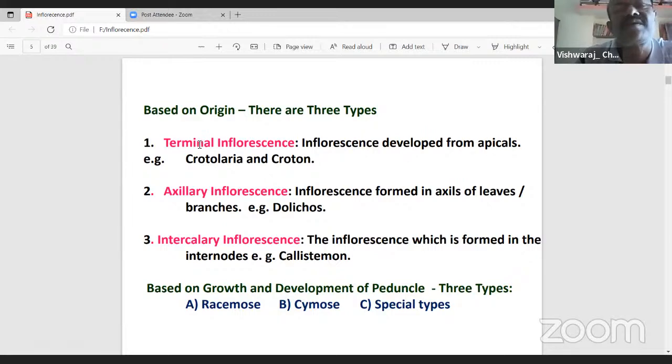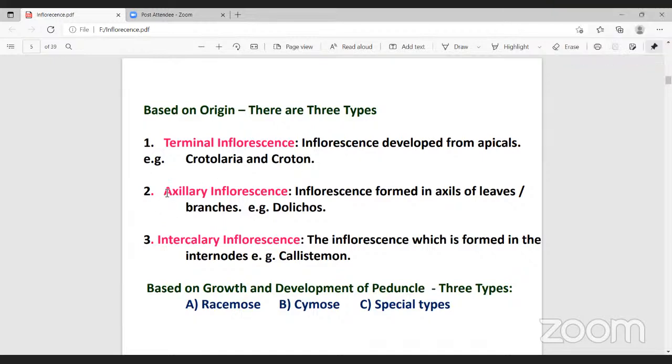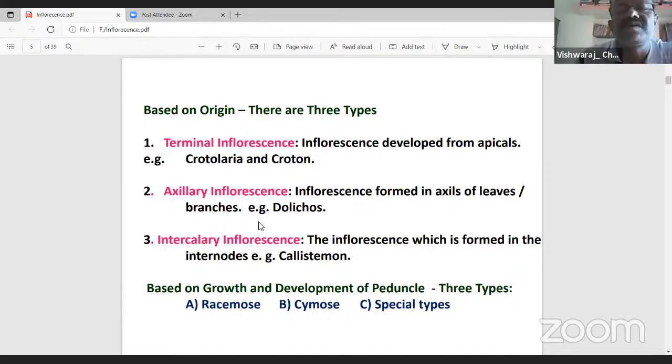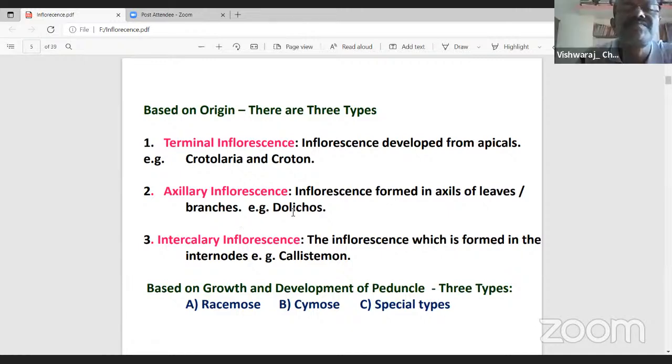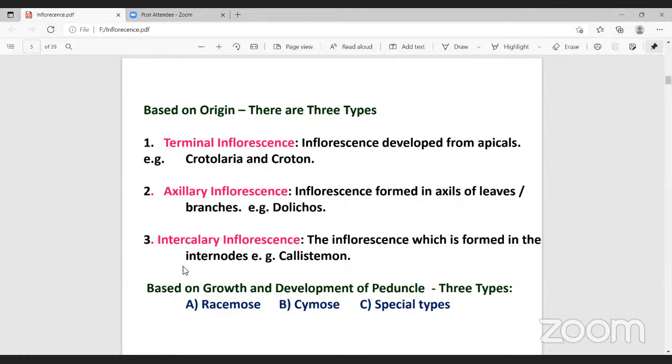Terminal means apex position. Example, crotalaria and croton. Second, axillary inflorescence: inflorescence formed in the axils of leaves and branches. In axils, that is dolichos.